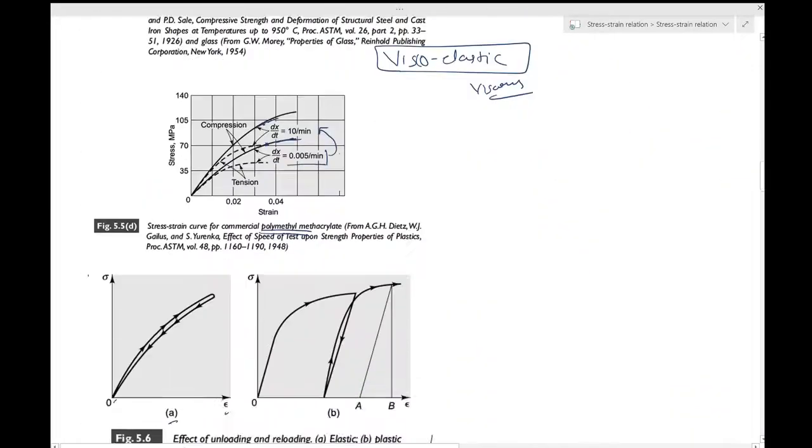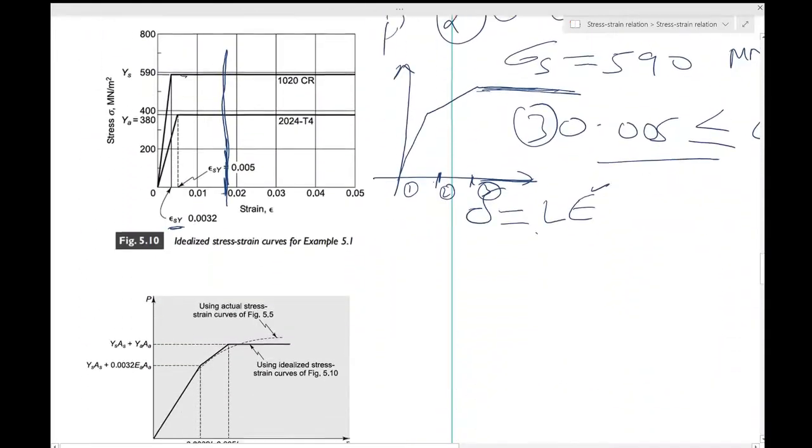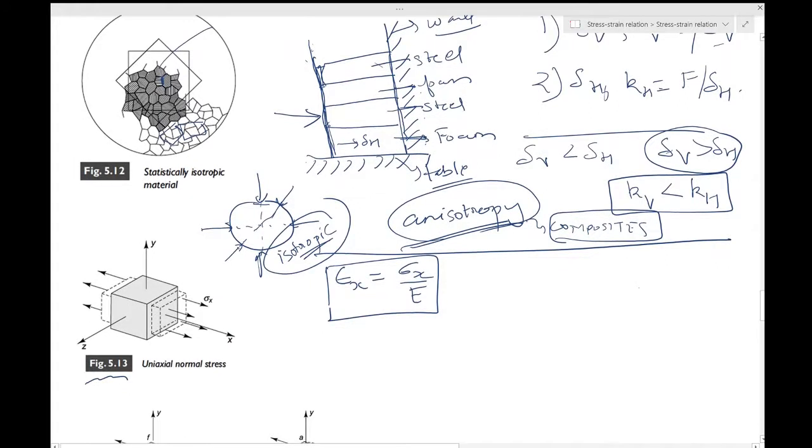Okay, so let's come back over here. The lateral strains in this particular case, so the longitudinal strain is epsilon x, the lateral strains are epsilon y and epsilon z.